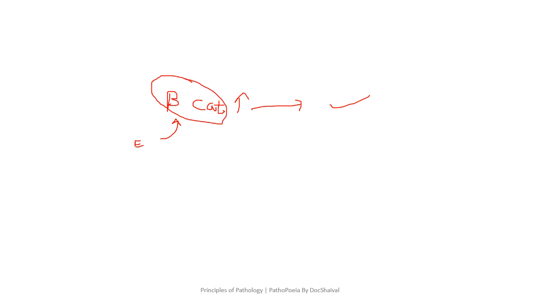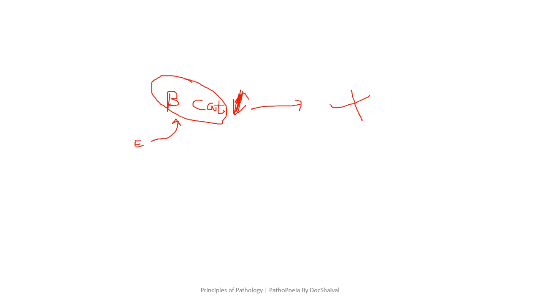So it actually sequesters it, or we can say it doesn't allow the beta-catenin to become free, and if it doesn't allow the beta-catenin to be free, then it will obviously cause the cell cycle to arrest. So the beta-catenin would decrease when E-cadherin is present, and the cell cycle would not proceed.